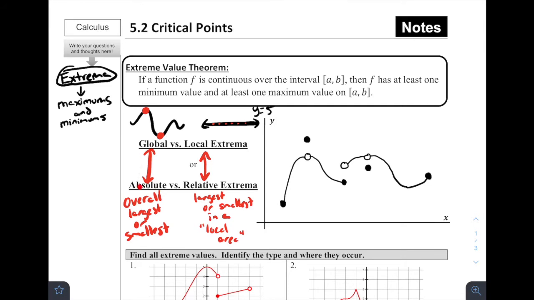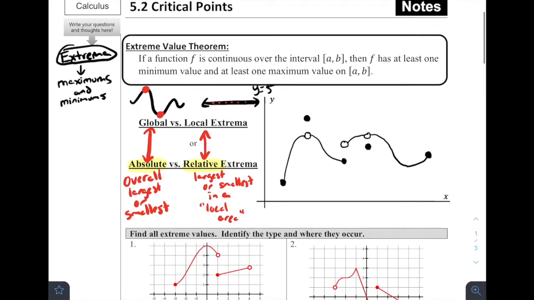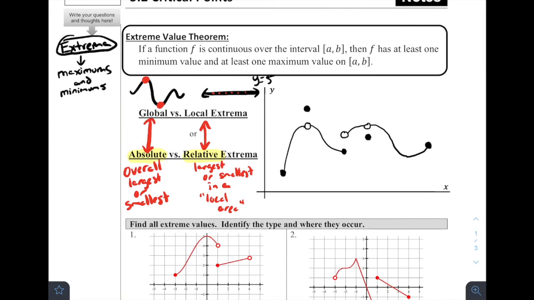Again, these are synonymous. Global and absolute mean essentially the same thing. Local and relative mean essentially the same thing. In AP Calculus and generally on, we will use these terms. I will not generally use global or local, but I'm just referencing them because some pre-calculus books do use those terms. So let's talk about this arbitrary graph that we've got over here.